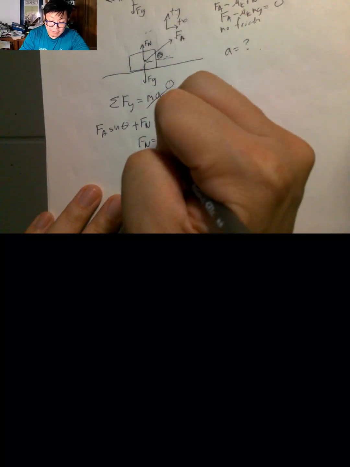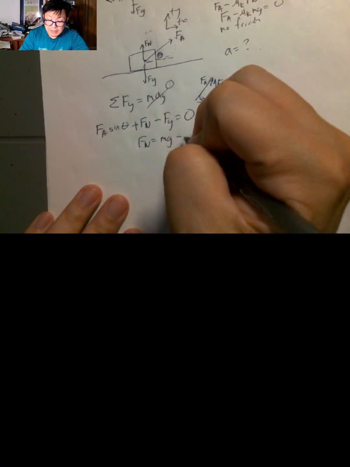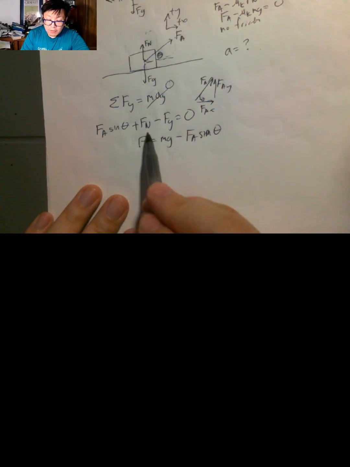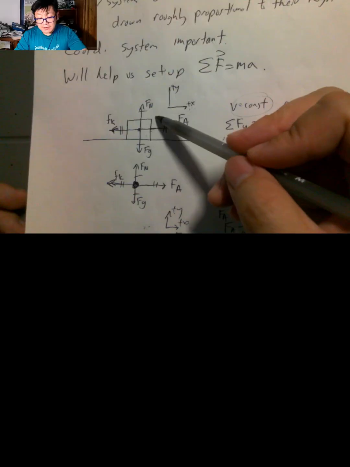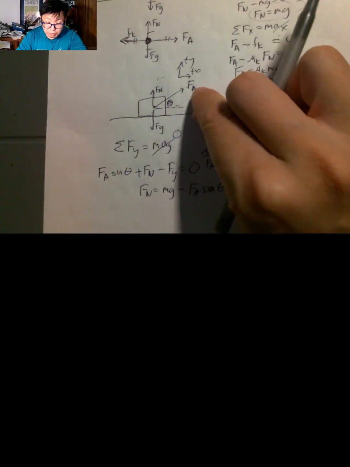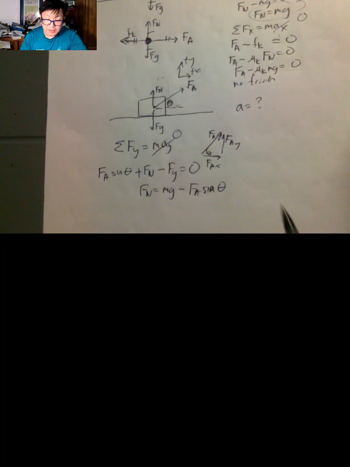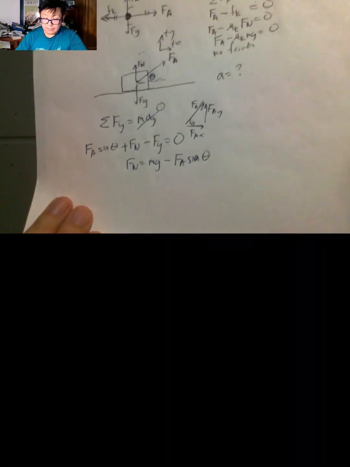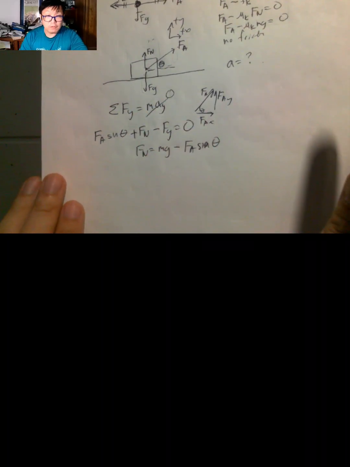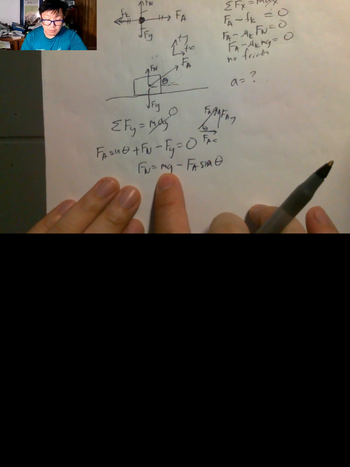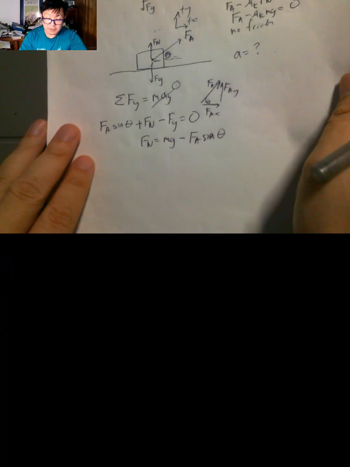So this means my normal force is equal to the force of gravity, which I'll replace with mg, minus the applied force sine theta. So this is lower than it was in the previous case because the applied force is pulling upwards a little bit, helping to offset gravity, so the normal force is a little bit less. Again, we don't need the y direction for this specific problem, but this is how it would work in a case where you needed to solve for the normal force in order to plug in and solve for friction.